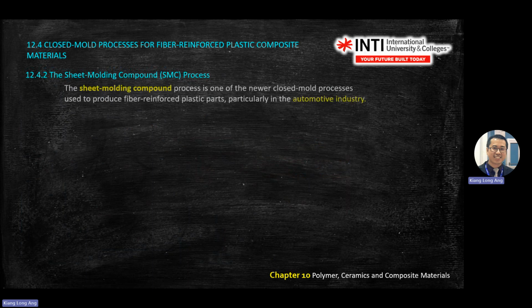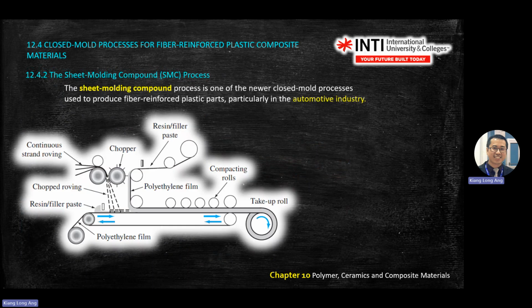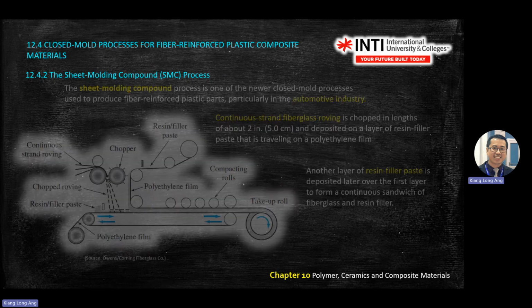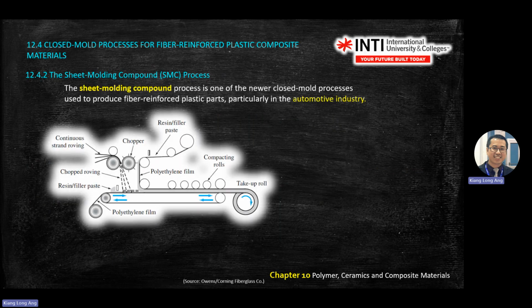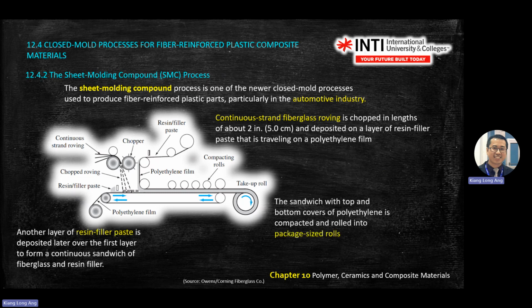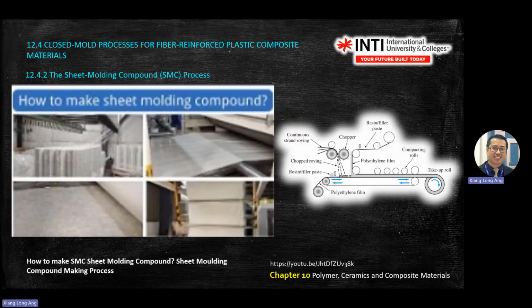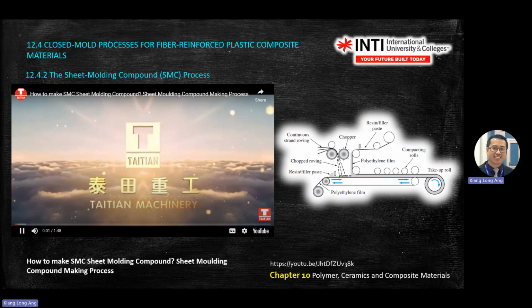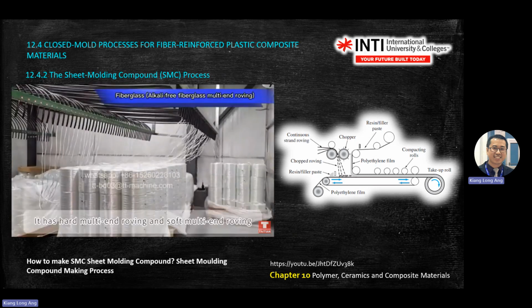Okay. Another one is sheet molding. Sheet molding is in sheet form. So there's a roller and so on. Let me show you, there's a picture. Okay. So this is how people make sheet molding. You pull the fiber in string form, like making cloth. So you pull the fiber.